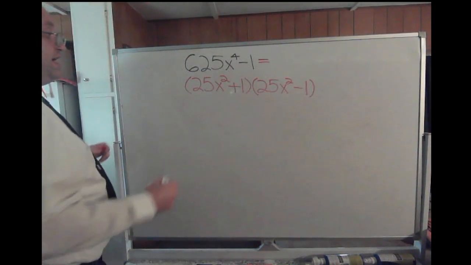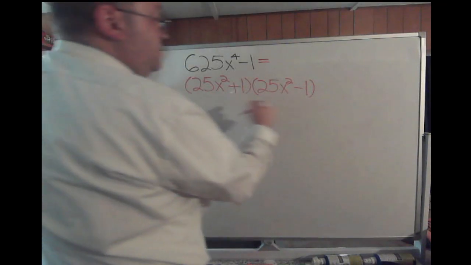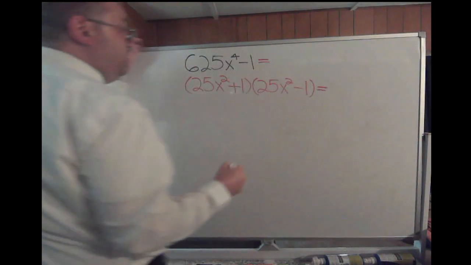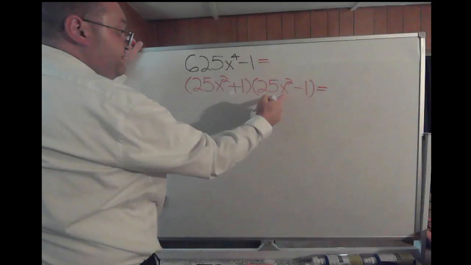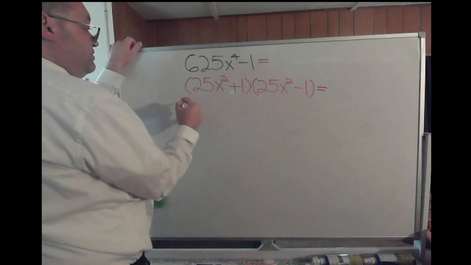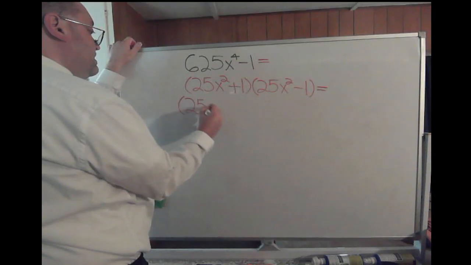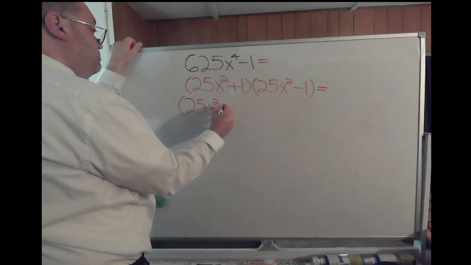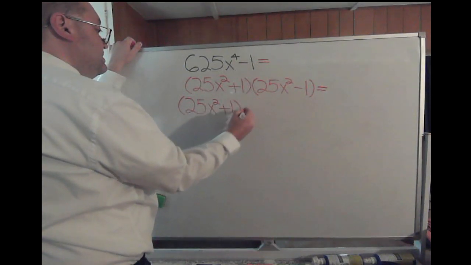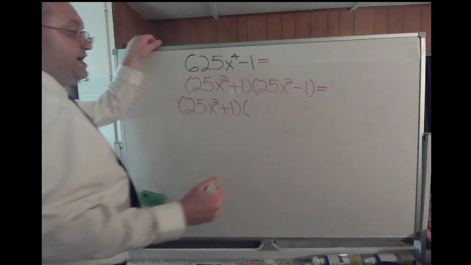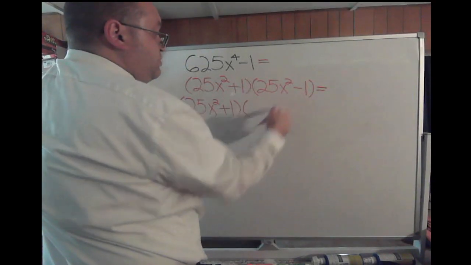Well, we can't factor 25x squared plus 1 any further, at least not right now. But we could factor 25x squared minus 1 further. So what you'll have is the quantity of 25x squared plus 1 times, now we're going to do the factorization of 25x squared minus 1.